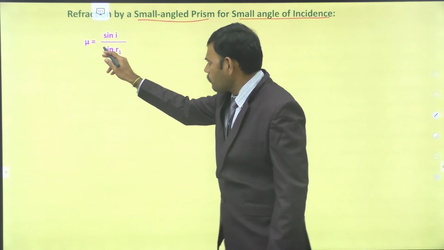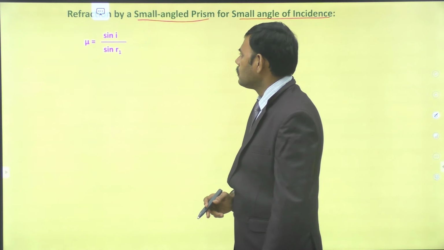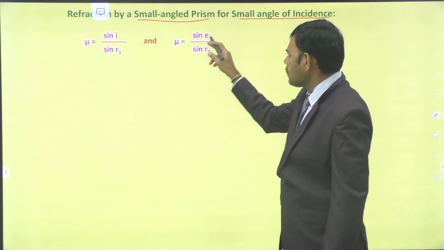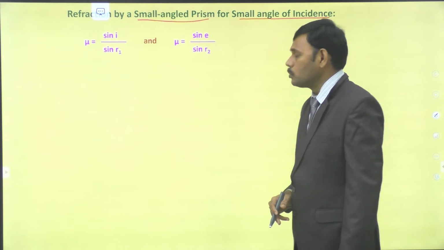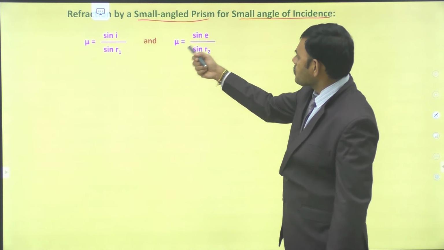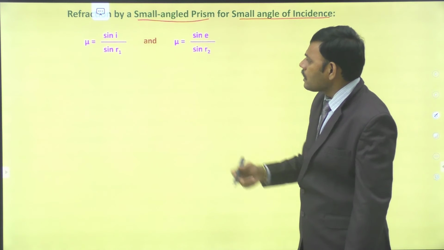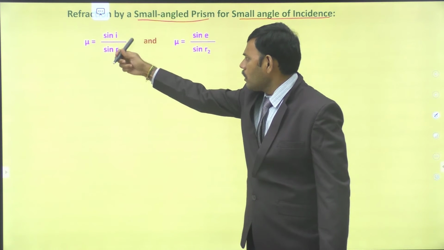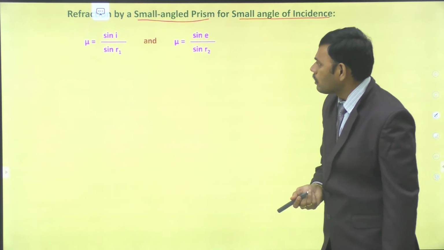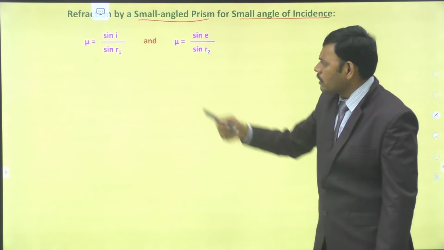Here we know that at the first refracting surface of the prism, mu is equal to sin I by sin R1. At the second refracting surface, mu is equal to sin E divided by sin R2. Now for small angles of incidence, I is small, R1 is small, so R2 is also small as well as E is small. For all small values of I, R1, E, R2, we modify the formulas.